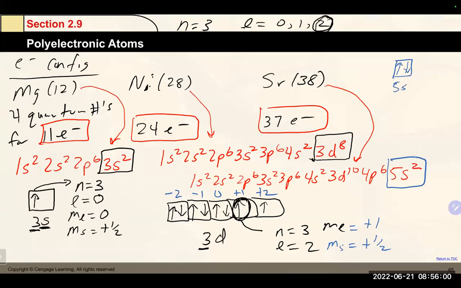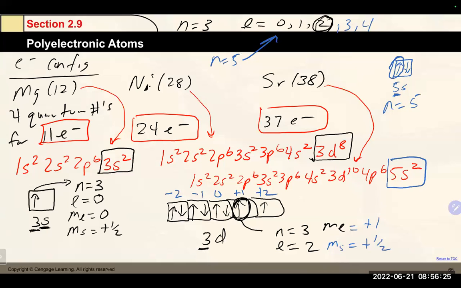In this case, it is actually the first electron that we're looking for, which would technically be the 37th electron. And in this case, n would equal 5 because of that. Our L value, because n equals 5, could be 0, 1, 2, 3, or 4.